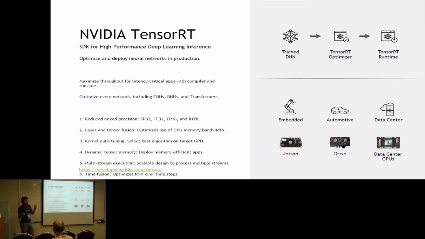Another thing, of course, is choosing the best implementation for your mathematical operation. There are, I guess, more than dozens of implementations of convolutions in the GPU. There could be more than dozens of kernels which implement the convolution. And which one is the most optimal?